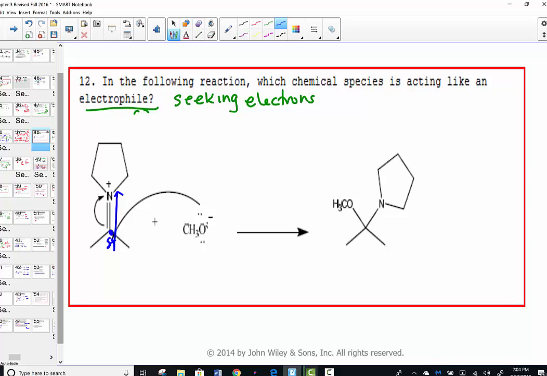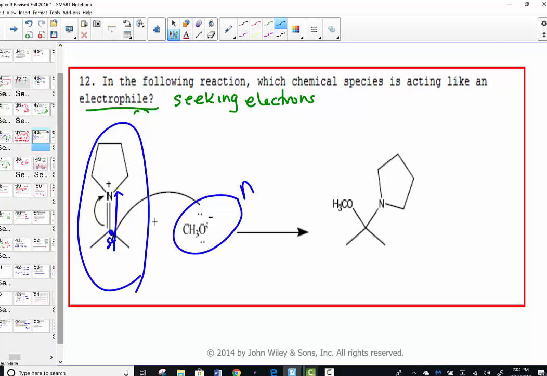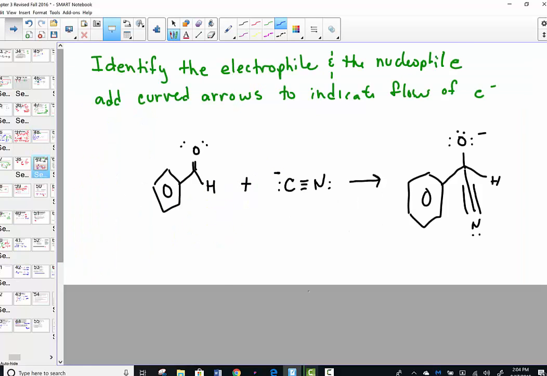So based on polarity difference in this bond, this carbon is an excellent target as a positive. It's positive, so it's seeking electrons. This is the species that's the electrophile. This would be the species that's the nucleophile. Let the arrows guide you.